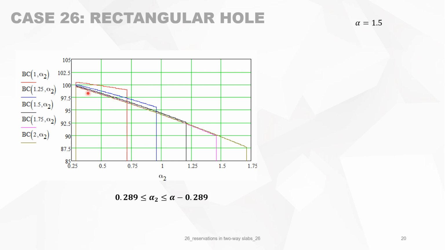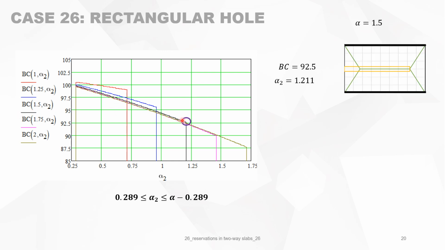So here's the black curve. We will see that in this point, for alpha equals 1.211, which is this limit, 1.5 minus 0.289 gives you a bearing capacity of 92.5. So you lose about 8% of the bearing capacity for a reservation made like this.